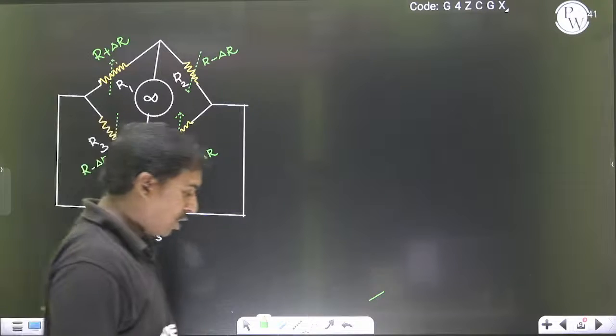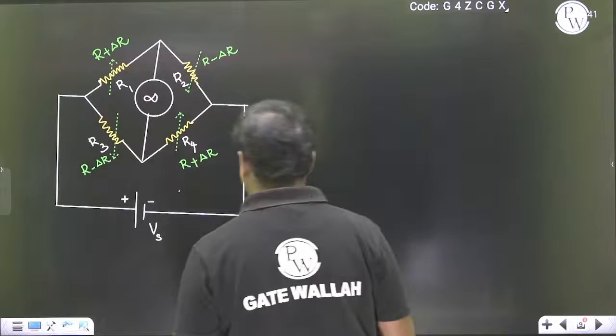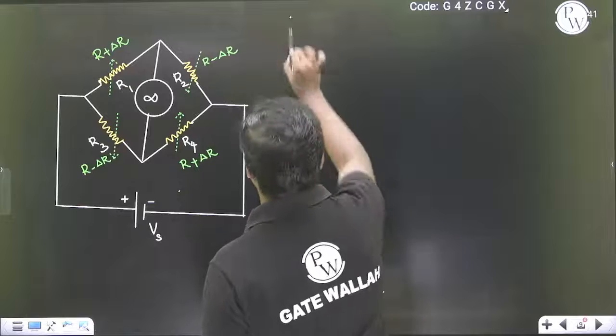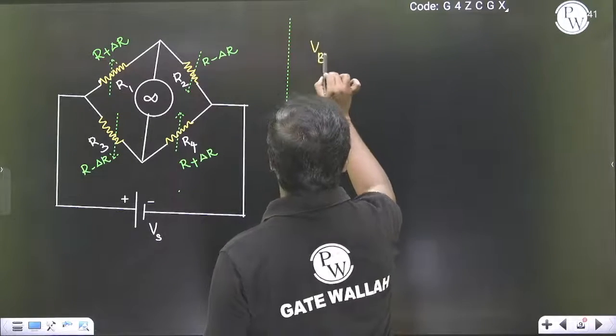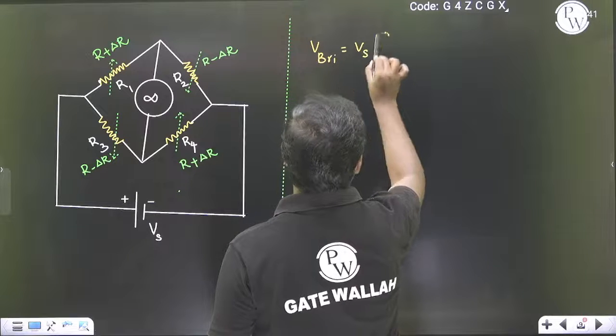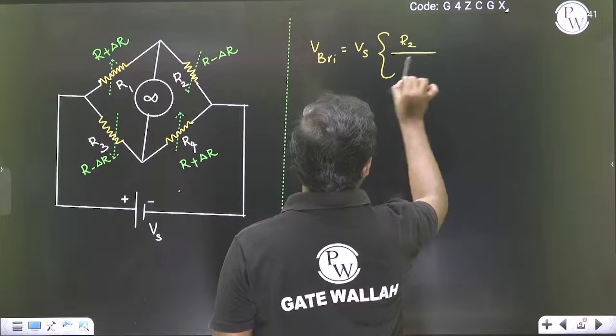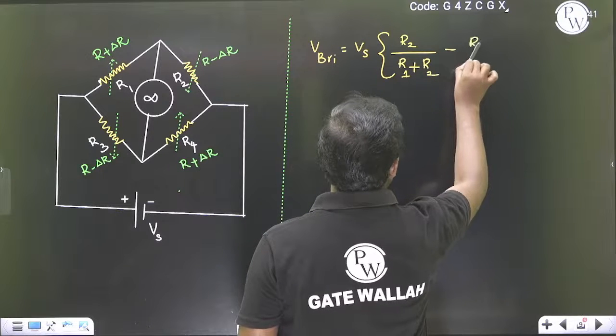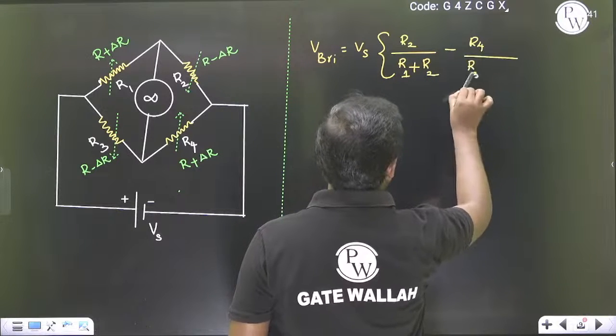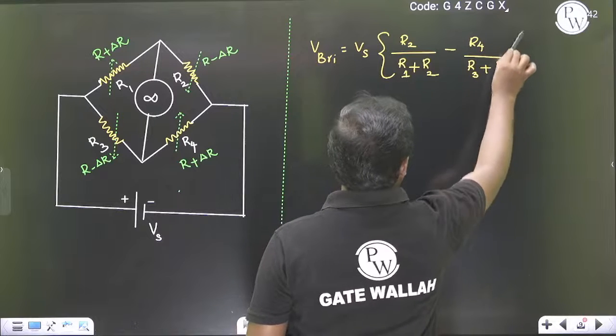Four resistors are changing in a Wheatstone bridge. Then what happens to the Wheatstone bridge balance voltage? The bridge is unbalanced again. So the V bridge expression was Vs into R2 by R1 plus R2 minus R4 by R3 plus R4.